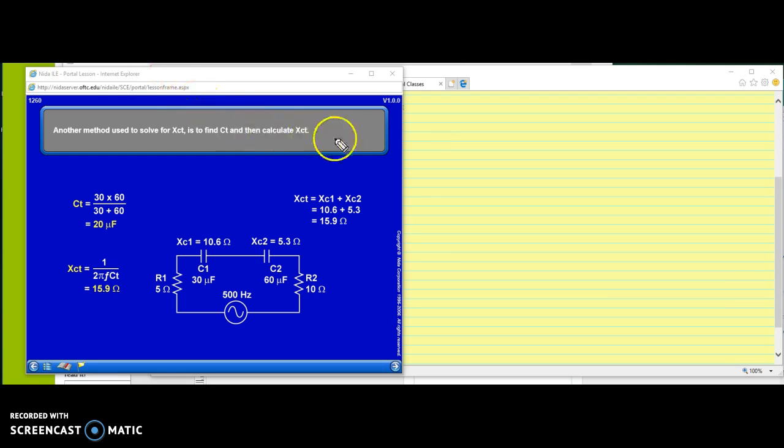So we're taking 30 times 60 over 30 plus 60. That gives us 1800 over 90. If we do the math there, that equals 20. So that gives us this 20 microfarads that we see right here that they calculated.